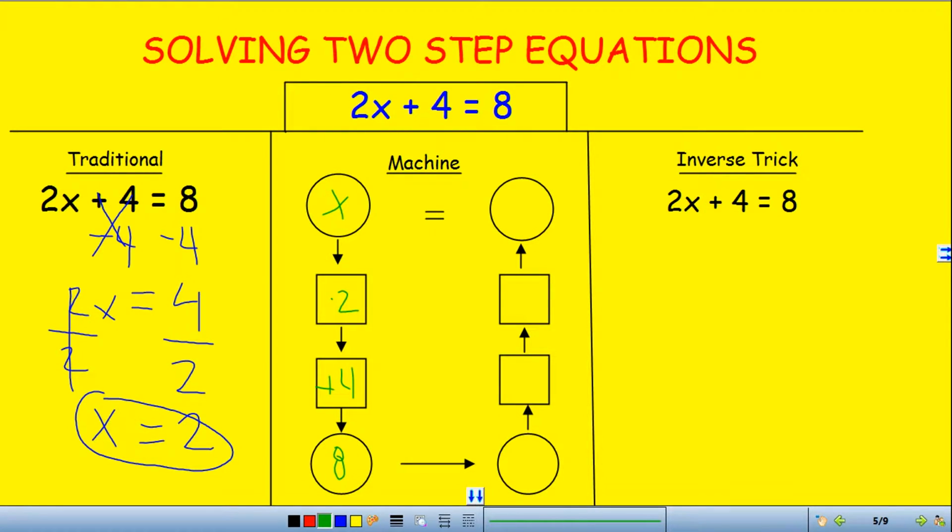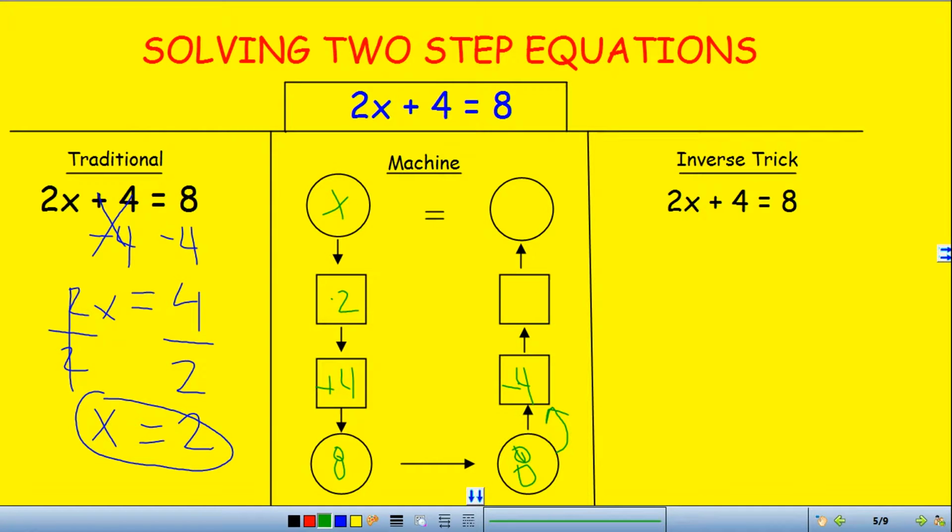So now I'm going to undo what has been done within my equation. I'm going to start out with 8, and I'm going to do the inverse, which is subtract 4. So the inverse of adding 4 is subtracting 4.